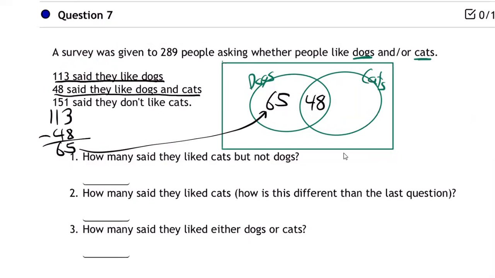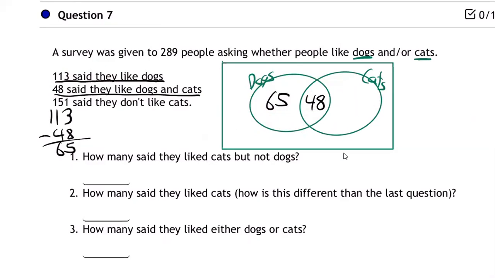Because now, if you add these up on your calculator, it's 113 total in the dog circle, which is true to the words. So we've got to be true to the words. The words said there's 113 total in the dog circle. And 48 like dogs and cats, so that part's right. That's 48 that are both in the dog circle and the cat circle. So that's all good.